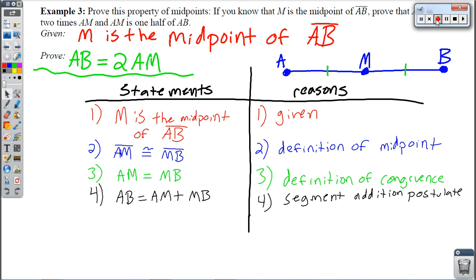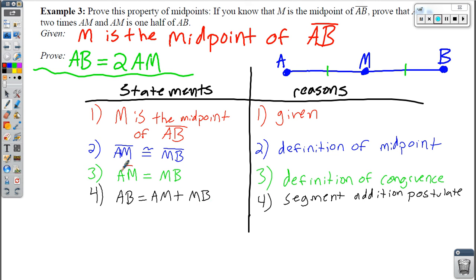All right, two more steps. What we can do now is combine steps 3 and 4 together. We know that AM is equal to MB. In statement 4, AB is equal to the length of AM plus the length of MB.